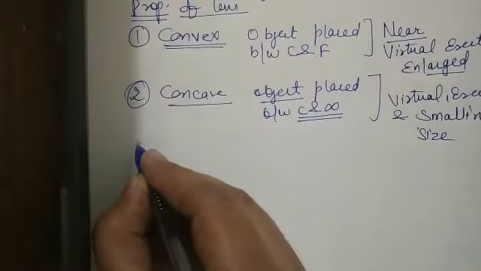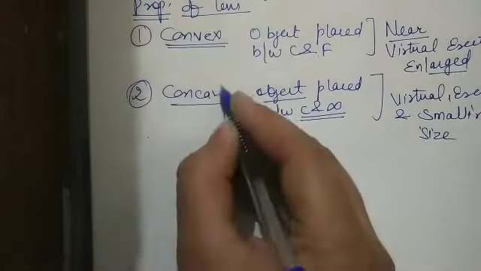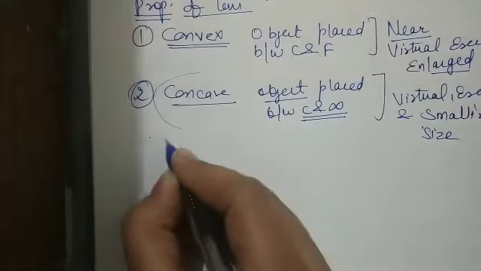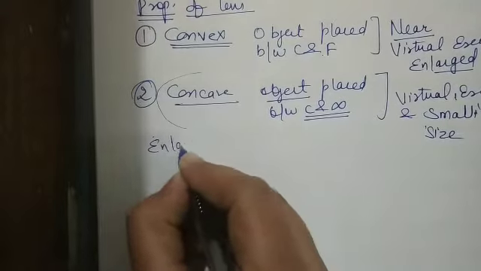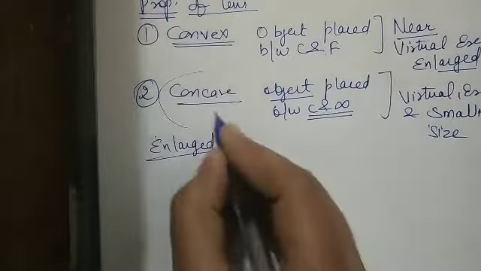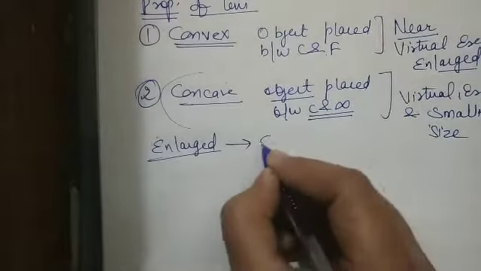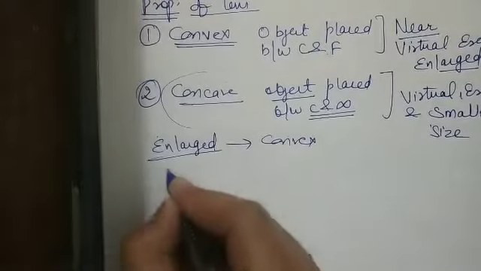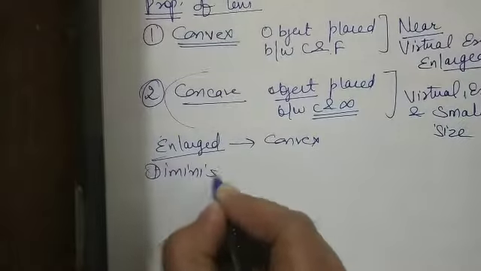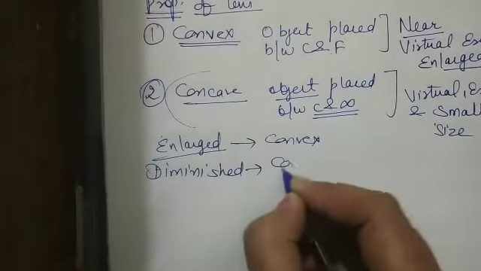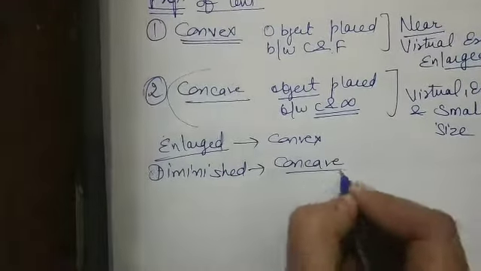So when you keep convex lens on the given letter, image will be enlarged. It means size of letter will become enlarged, then the lens is convex one. If size of letter gets diminished, smaller, then considered lens is a concave lens.